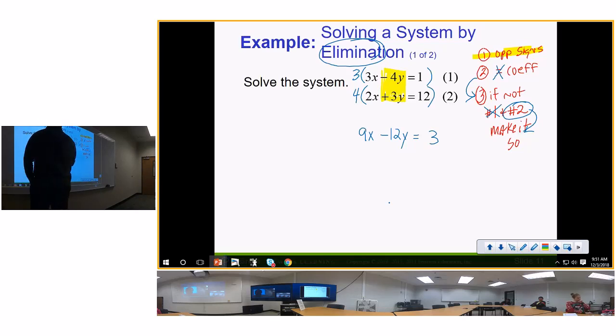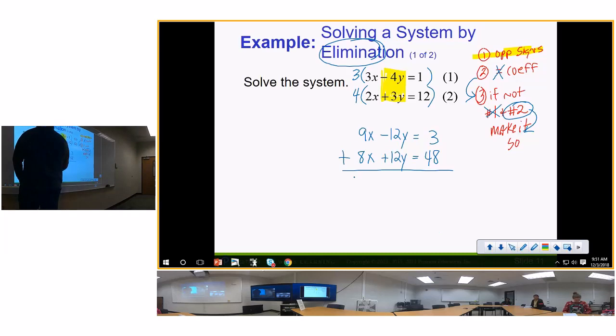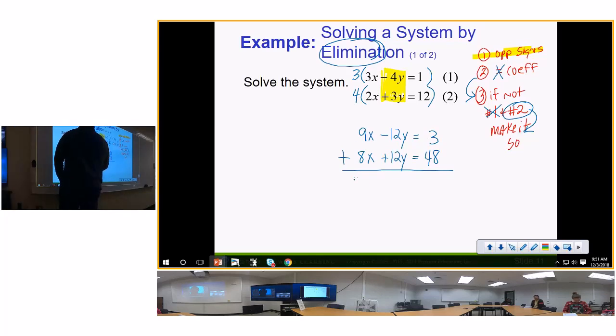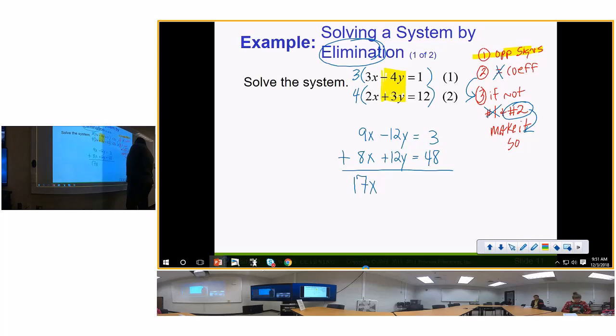8x plus 12y is equal to 48. And now we add both of those together. And of course we get 17x. And what happens to the y's? What's supposed to happen to them?